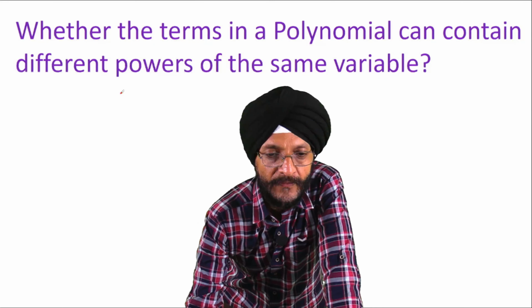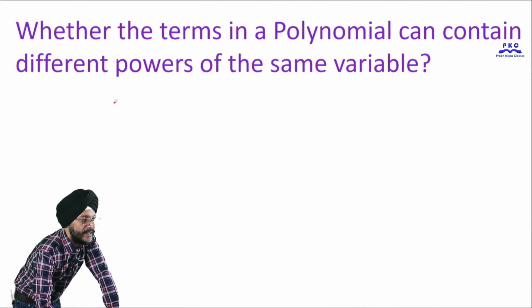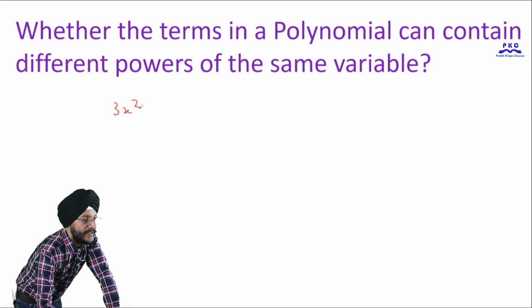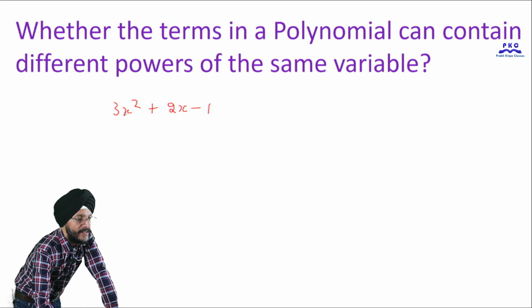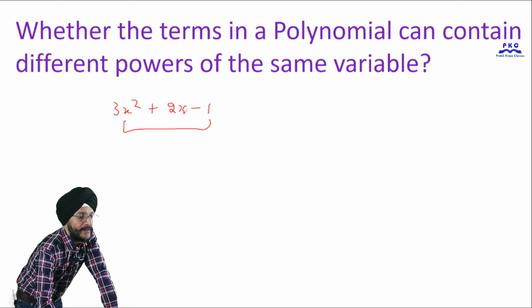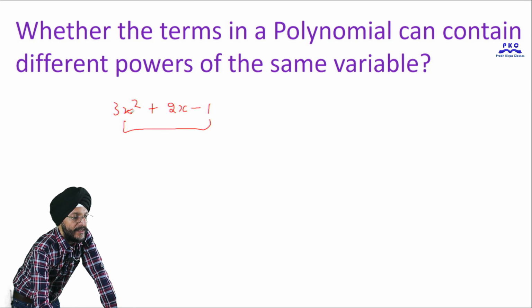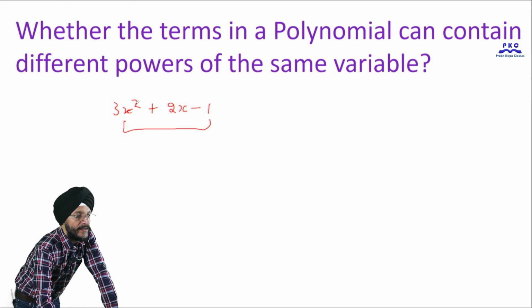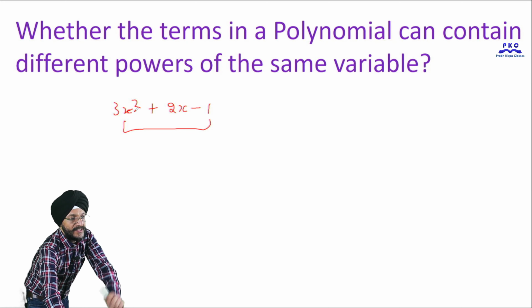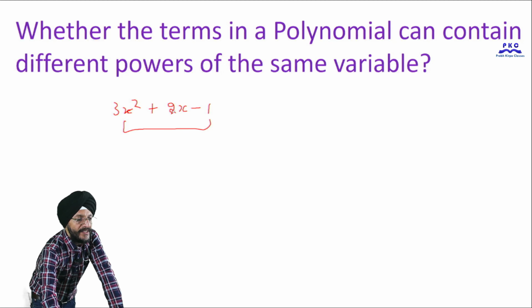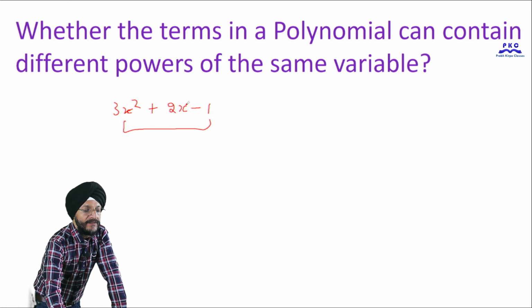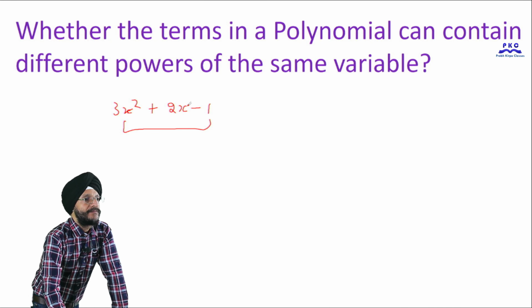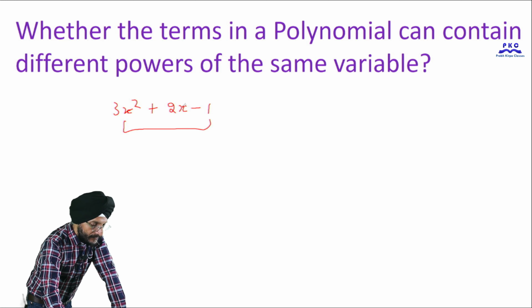It means that if we say 3x square plus 2x minus 1, that is, the polynomial can have the variable with different powers. Here the variable x has power 2 in the first term 3x square, but in the term 2x the power of x is 1.